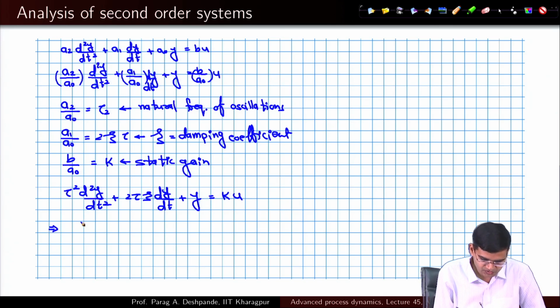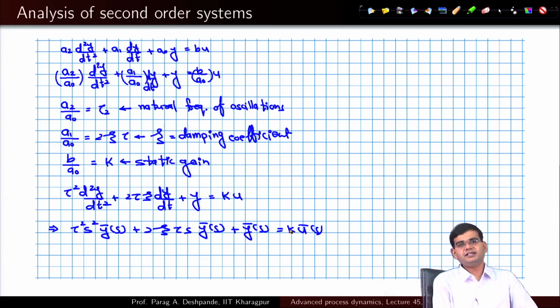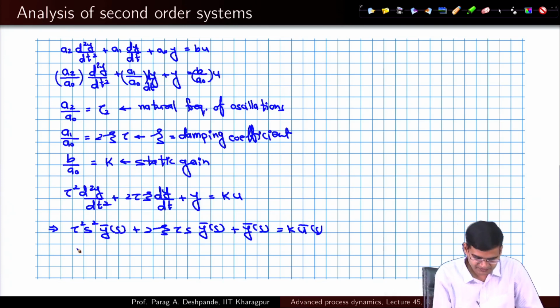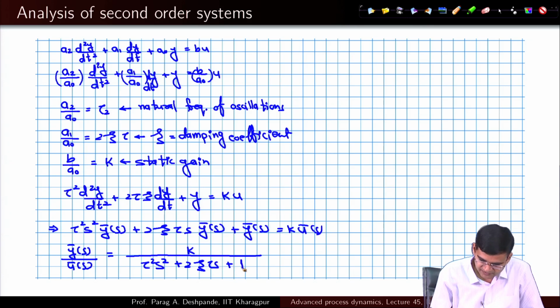So, this would be equal to tau squared s squared y bar of s plus 2 zeta tau s y bar of s plus y bar of s is equal to k u bar of s, from where I get the second order transfer function y bar of s divided by u bar of s as k upon tau squared s squared plus 2 zeta tau s plus 1, right.